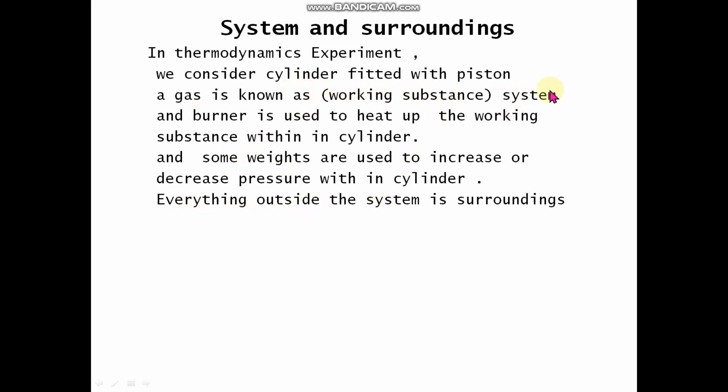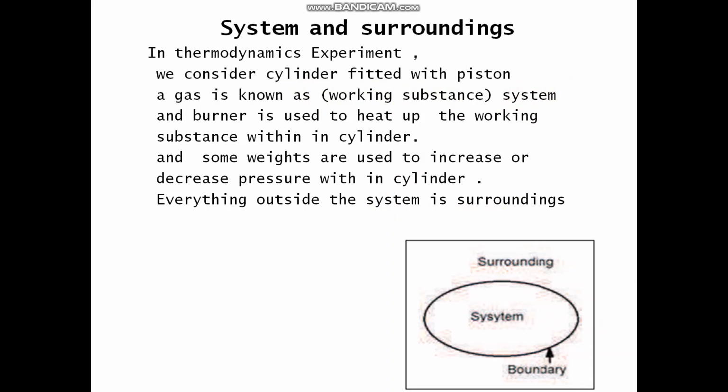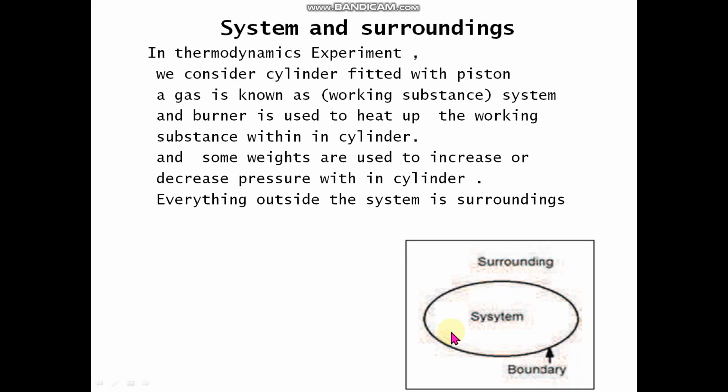Everything outside the system is known as the surroundings. Here is a pictorial diagram: the surroundings, system and boundary. The system is the working substance, and besides this system is what is known as the surroundings.